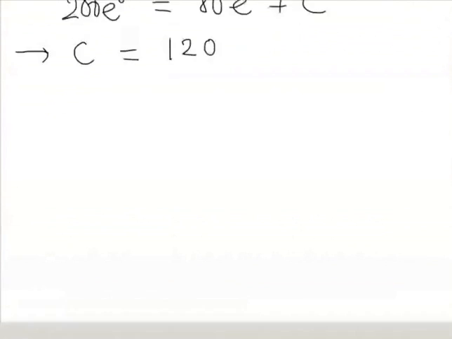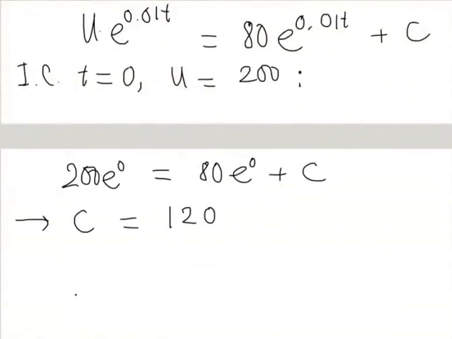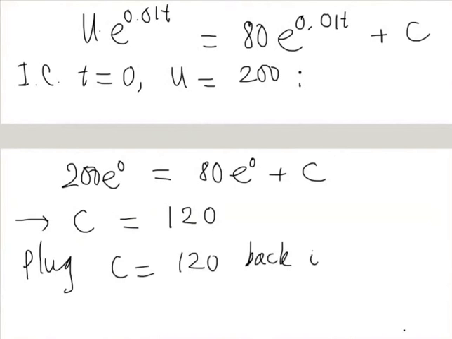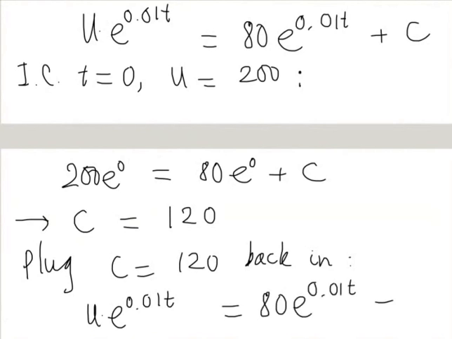And as usual, we plug c equal to 120 back in, and have u e to the 0.01 t equals 80 e to the 0.01 t plus 120.